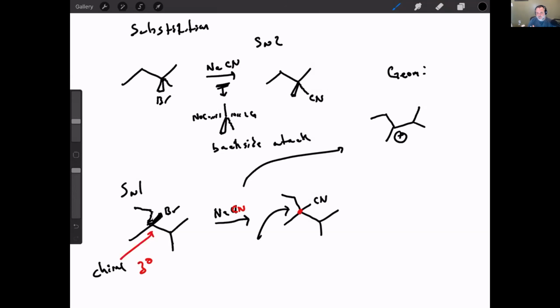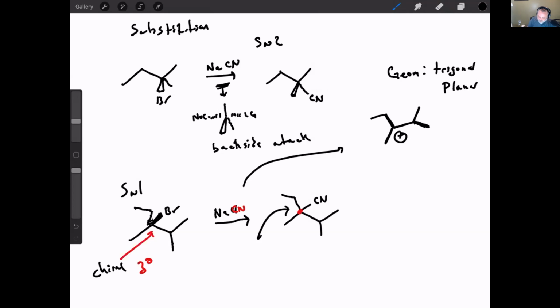Remember that I said this geometry business will come up and be important later on in explaining some of the outcomes of these reactions. Here's one example. What is the geometry of a tertiary carbocation? The first thing I want to think about is how many electron groups it has. 1, 2, 3. That's it, 3 electron groups. So what's the geometry? It's trigonal planar.